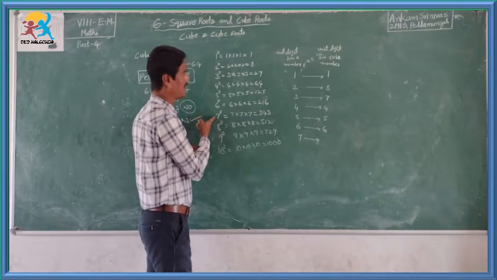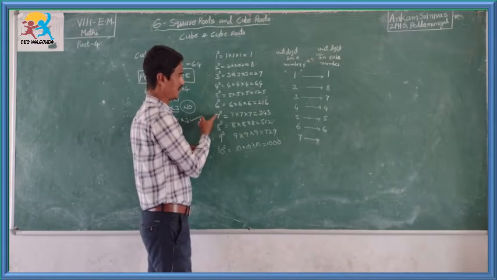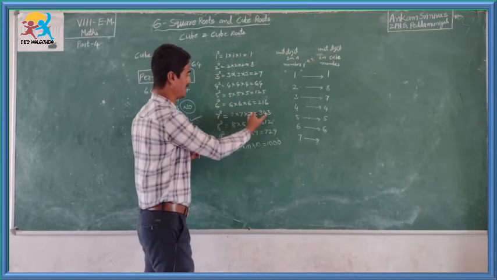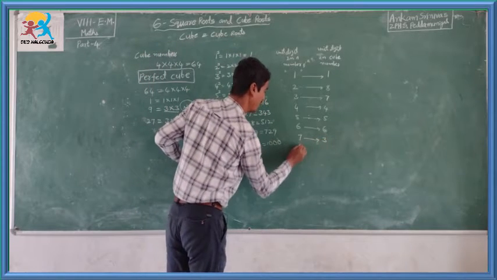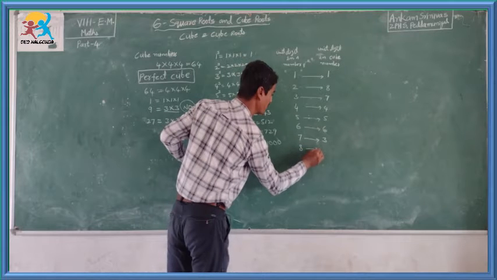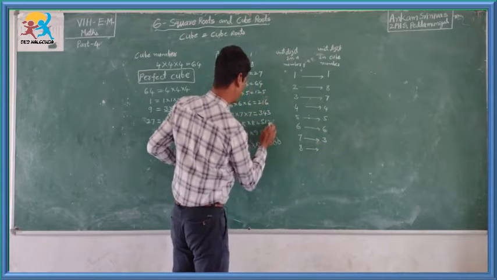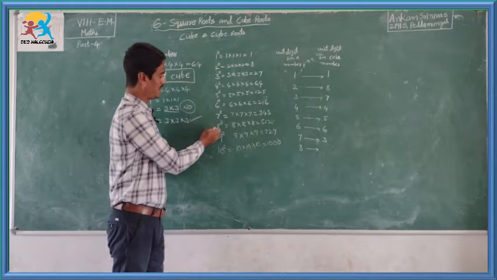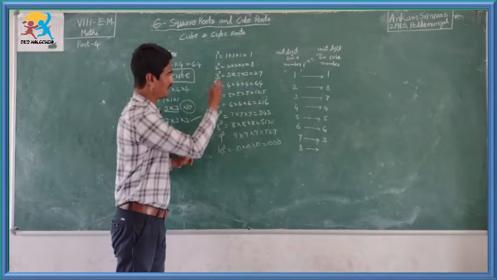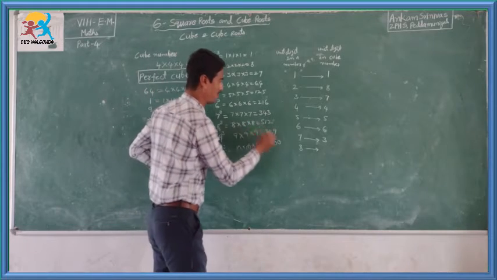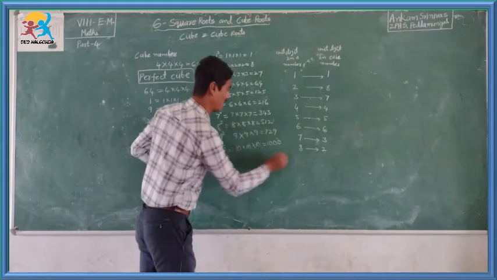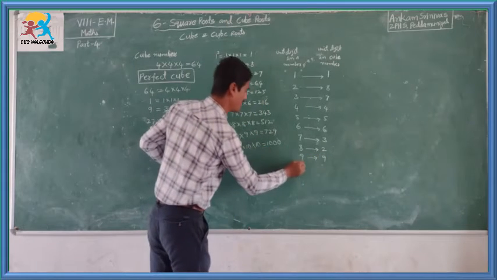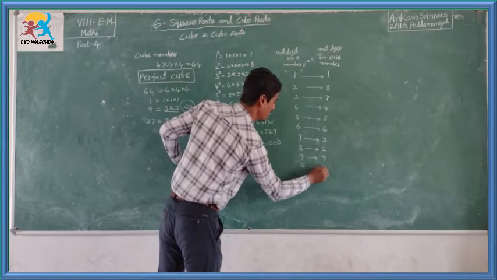If I take a number with unit digit 7, the cube's unit digit is 3, and 8 becomes 2. And 9 becomes 9, and 0 always becomes 0.